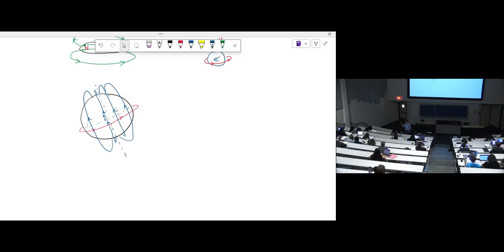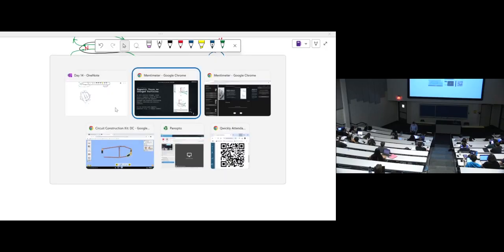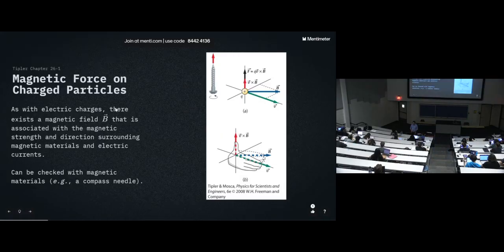But here's the thing that gets back to the heart of your question: by the end of this unit, you cannot think of electricity and magnetism as being two different things. Electricity and magnetism are just two sides of the same coin. I know that's not much of an explanation right now, but I think that will come out along the way.